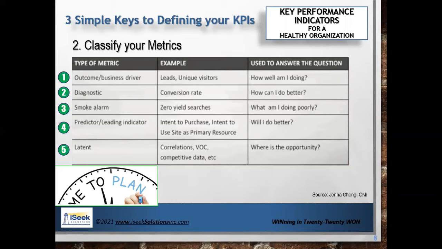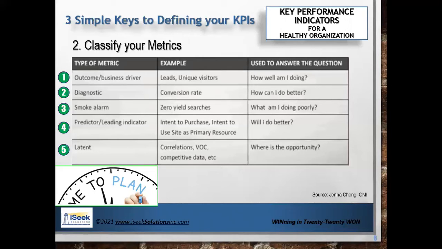If you look at number 5, a latent type of metric answers the question of where's the opportunity. The examples there are looking at your voice of customer data, through surveys, through interviews, through looking at different types of data, competitive data, doing correlation models between your product and other products. This may be something you do after sale, but it's still an indication of how well you're performing in the market.